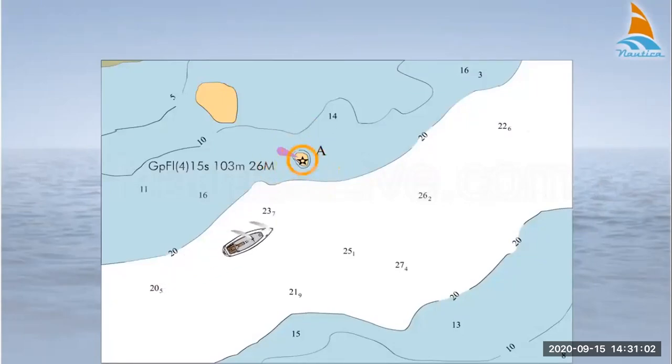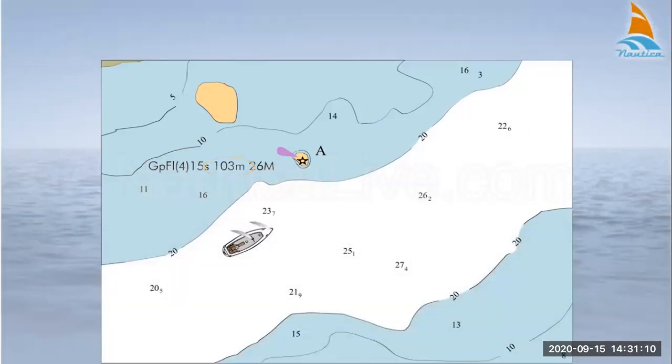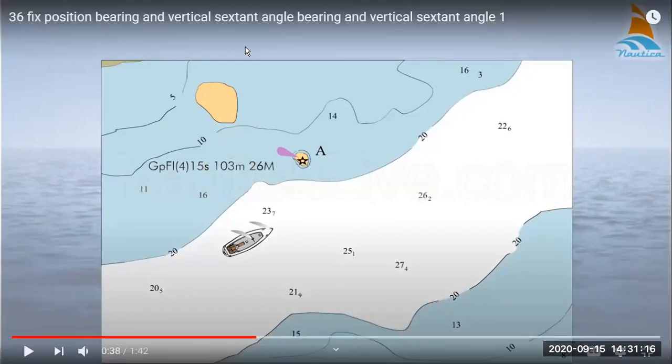We spot lighthouse A, and you check from the light characteristics that it has a charted height of 103 meters or 338 feet. Make sure that this height is above mean high water spring. So we have to calculate the corrected height from the sea level.